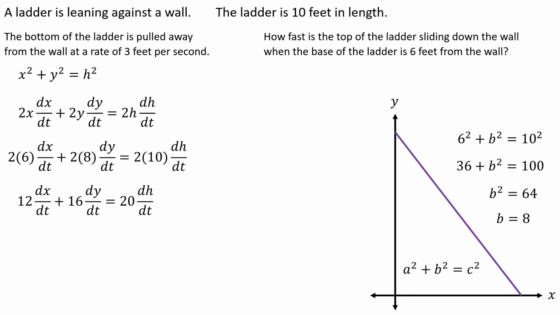Now, do I know any of those rates? Actually, we know 2 of them. We know that the bottom of the ladder is being pulled away from the wall at a rate of 3. So dx/dt is 3. And the rate of change for the hypotenuse? Well, the ladder is not going to change in length.